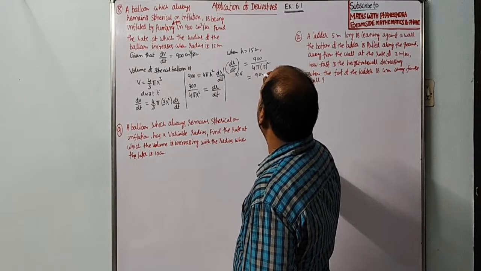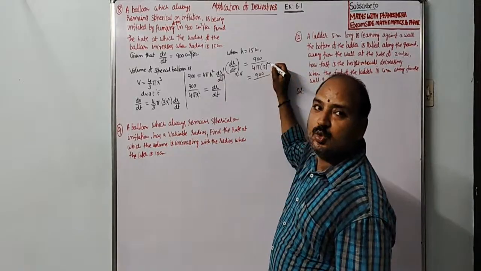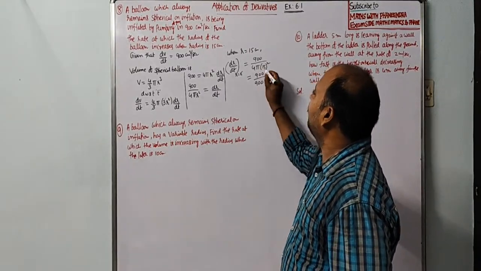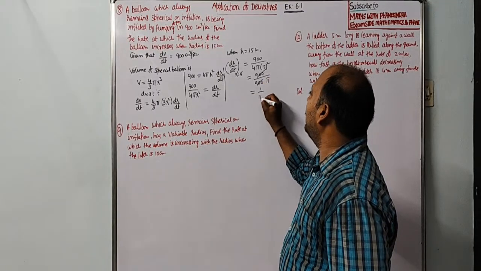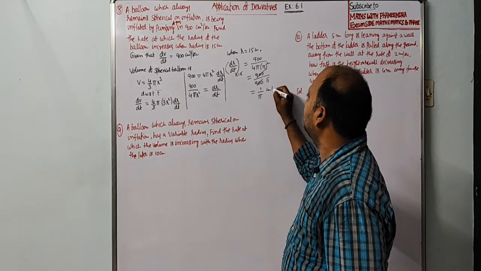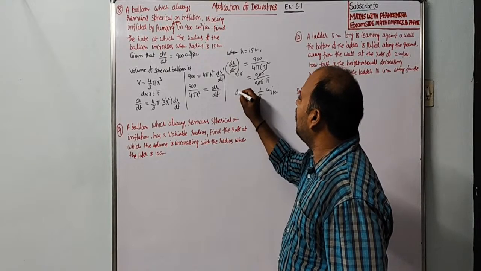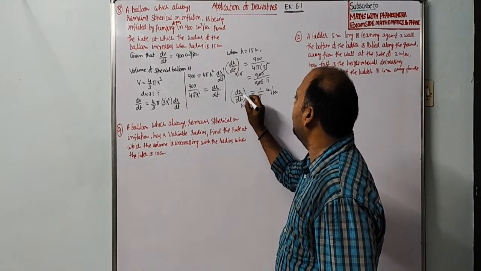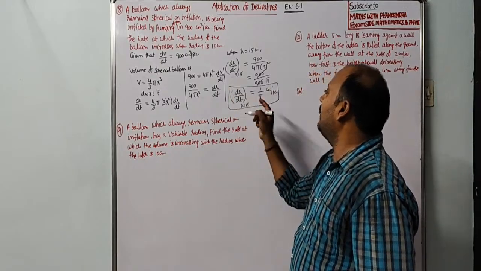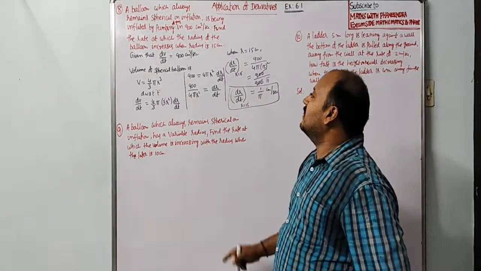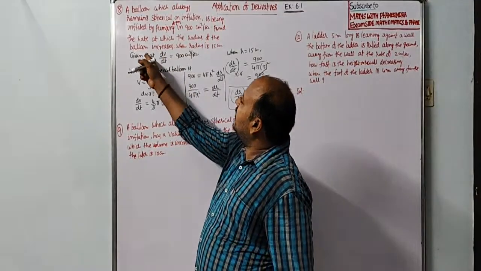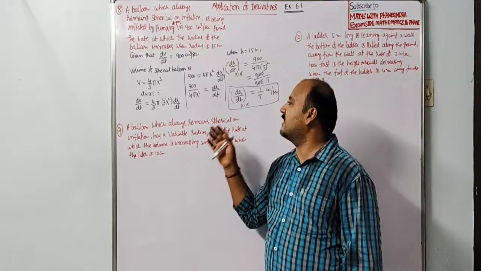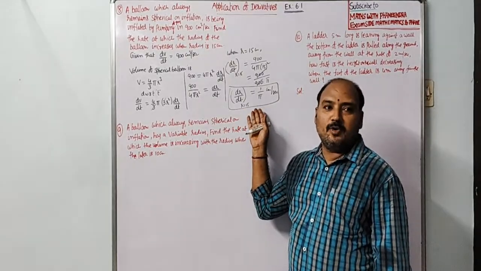So 900 by 15 square is 225. 225 into 4 is 900. 900 into pi. So 1 by pi. Radius means centimeter. T means second. So dr by dt when r is 15 centimeters is 1 by pi centimeter per second. This is the radius of the balloon is increasing when the radius is at 15 centimeter. I hope you understand this, students.